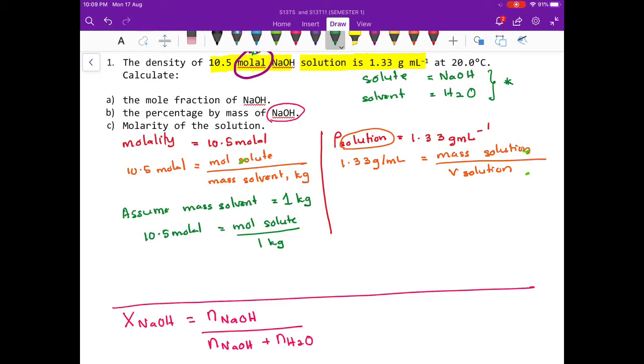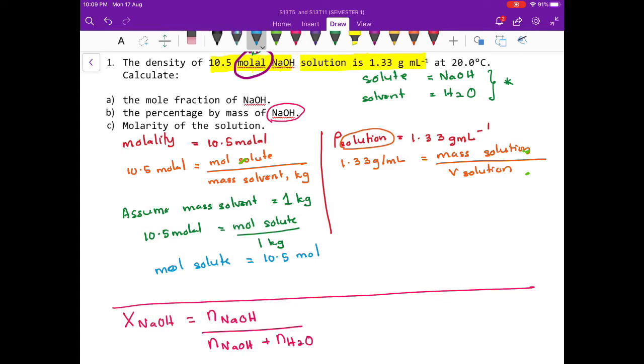So we don't need to convert kg to gram. So we will get mole solute, equal to 10.5 mole.